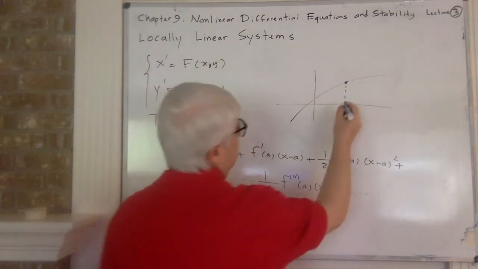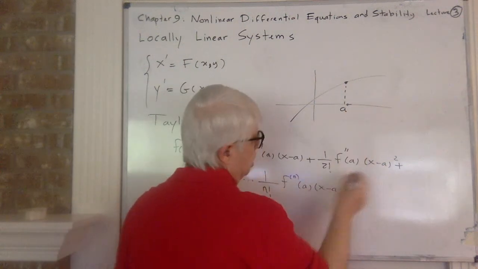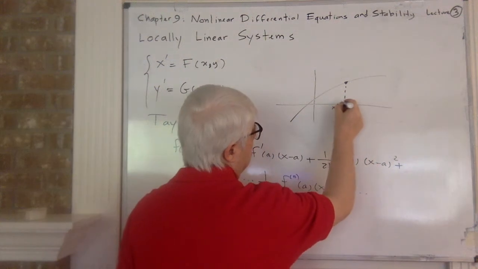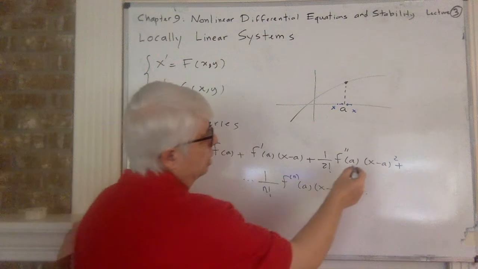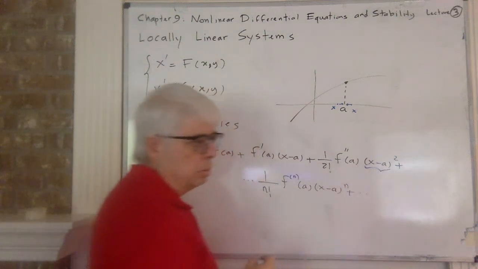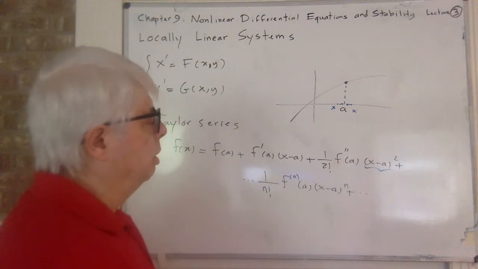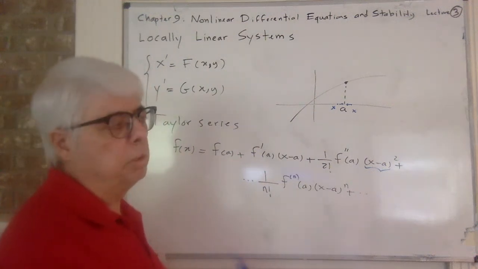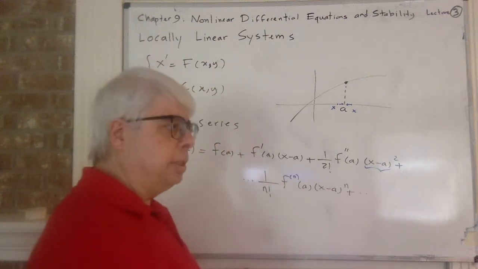As I get closer and closer to a, so as x, this is x, gets closer and closer to a from either side, this x minus a becomes small. So x minus a might be 0.00001, say. So that might be, let's say, 10 to the power negative 10, 10 to the power negative 20. So this might be very small, and then raise it to power 2.